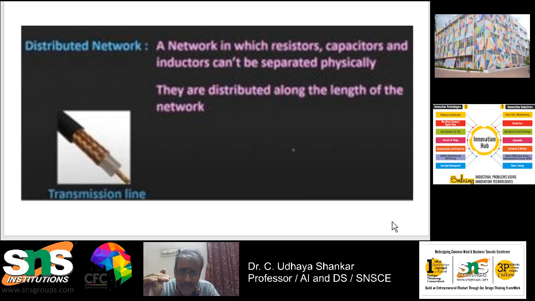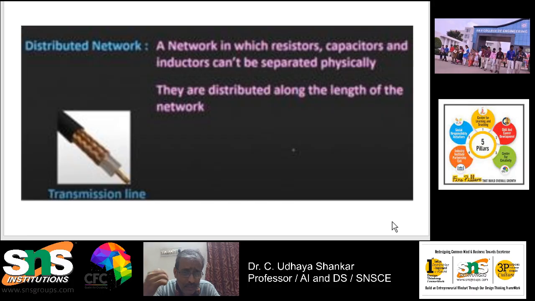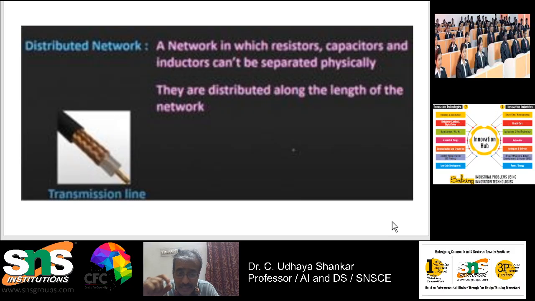Whenever the transmission line is above 50 kilometers, the RLC parameters come into play, and play a very vital role in deciding the transmission line parameters, its efficiency and its voltage level. Everything is decided by the resistance, inductance and capacitance present inherently in the transmission line. It is not physically present, but it is distributed.